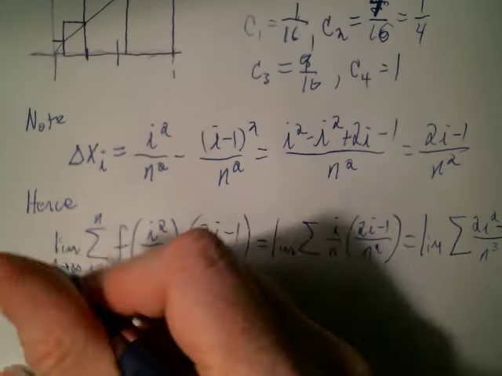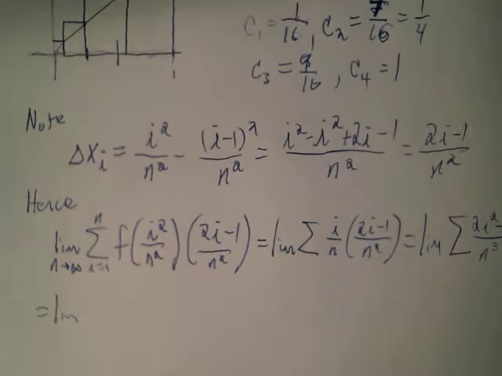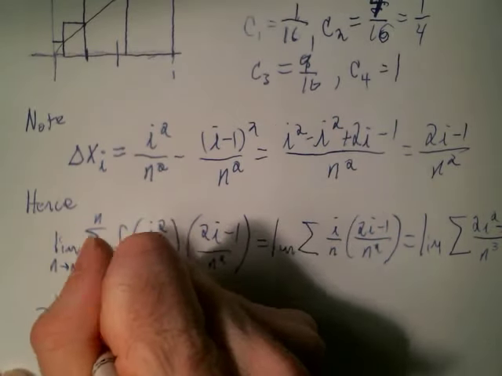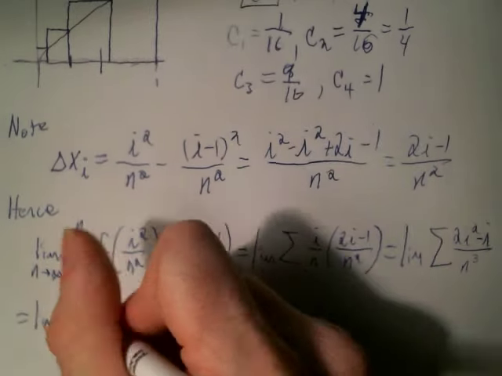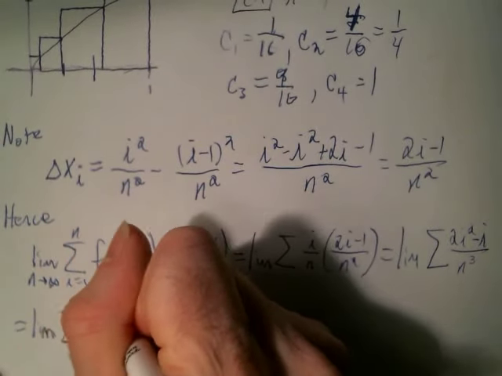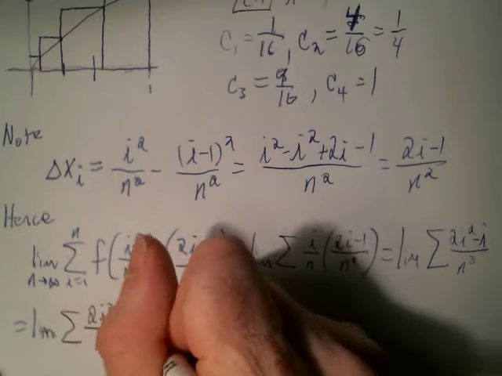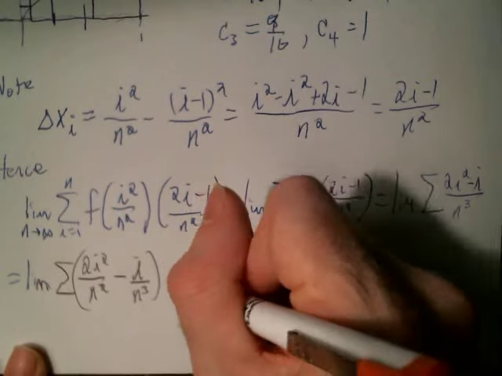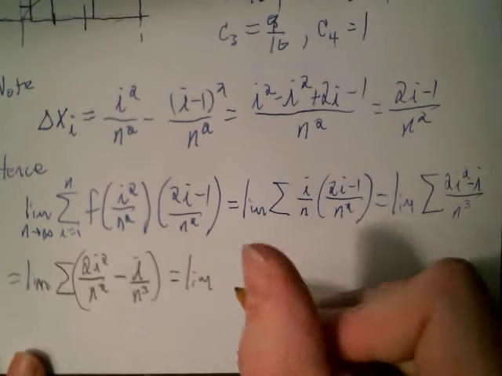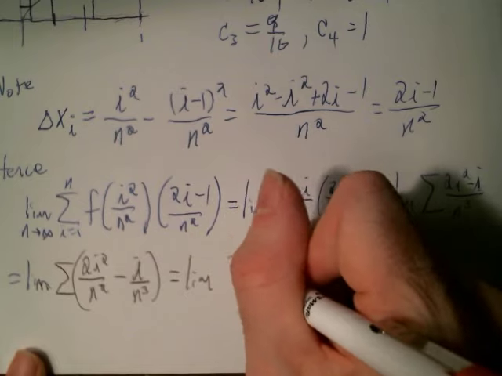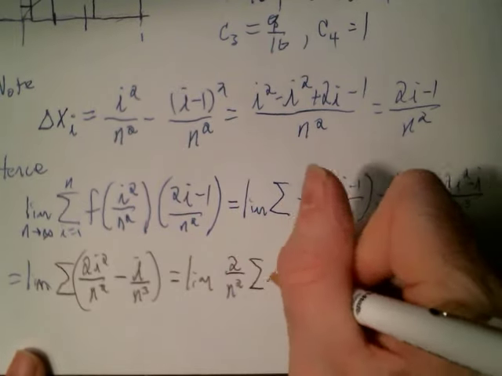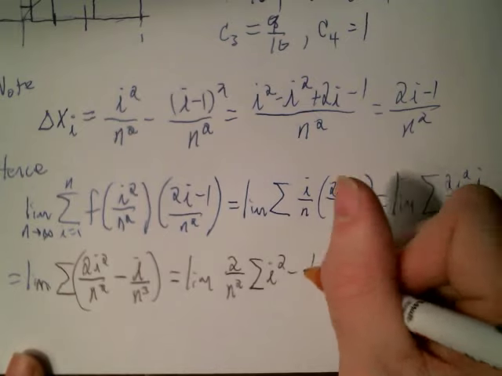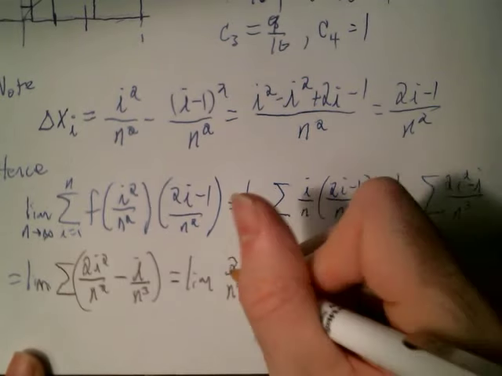And then we get the limit, and this pen is dying, the limit of the sum, and I'm going to split this sum, so I end up with 2i squared over n cubed minus i all over n cubed, and then I'm going to split that sum into two parts, so I get the limit, and I'm going to factor out anything that's not dependent on i. So the limit of 2 all over n cubed times the sum of i squared minus 1 all over n cubed times the sum of i.